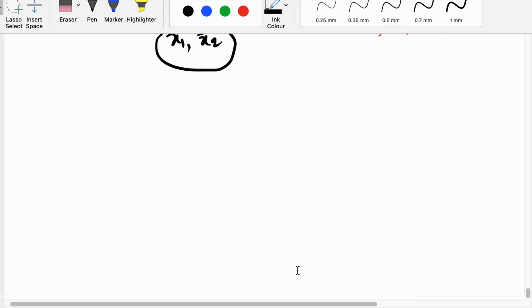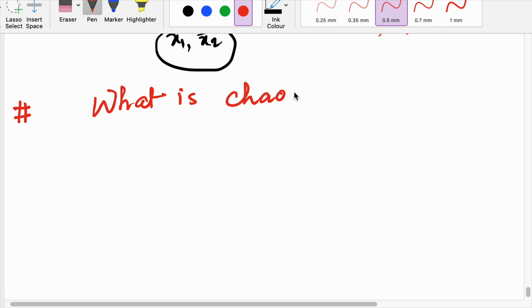Now let me again recall from where we have started, and from the next class we will see the fractals. So let us go back to these basics. So what is chaos?